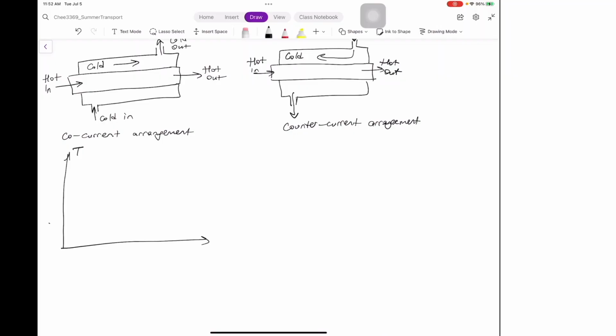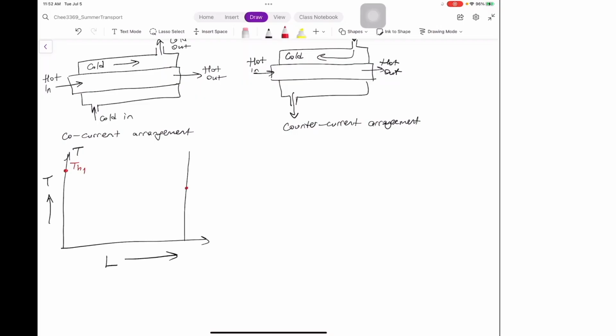So let's say the temperature is increasing in this direction, and the length is increasing in this direction. And let's say this is the end of the exchanger. And imagine that the hot stream is at this temperature, let's call it T hot 1.